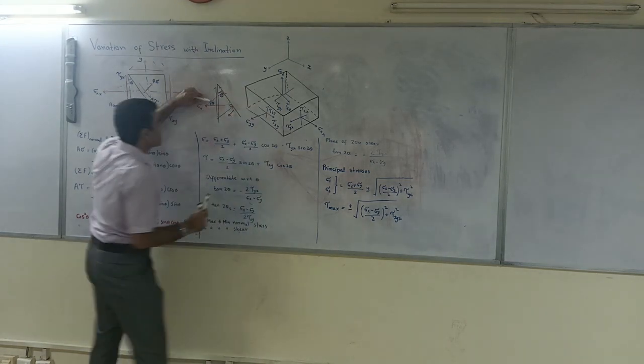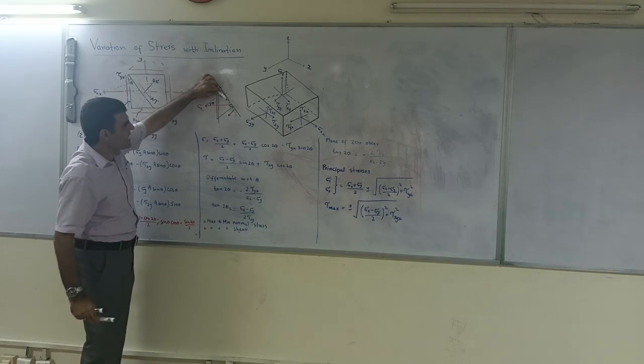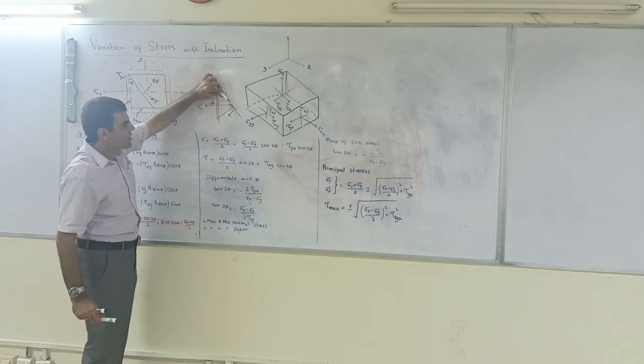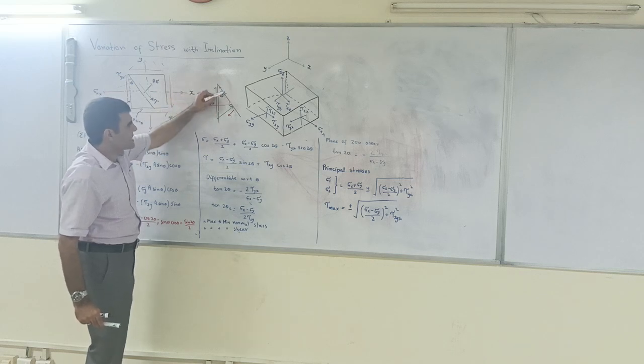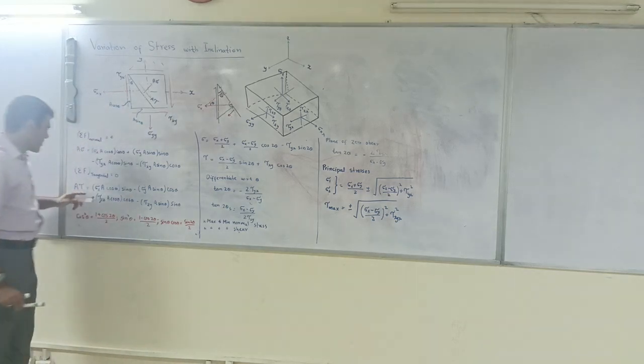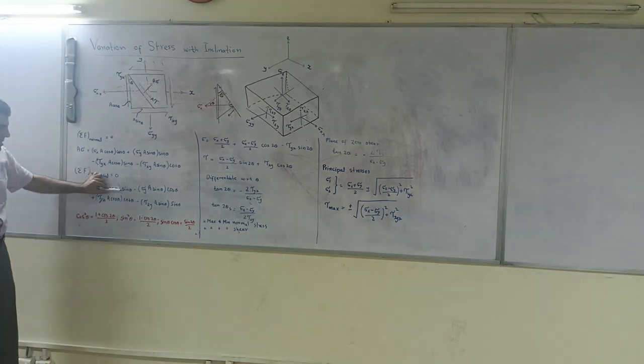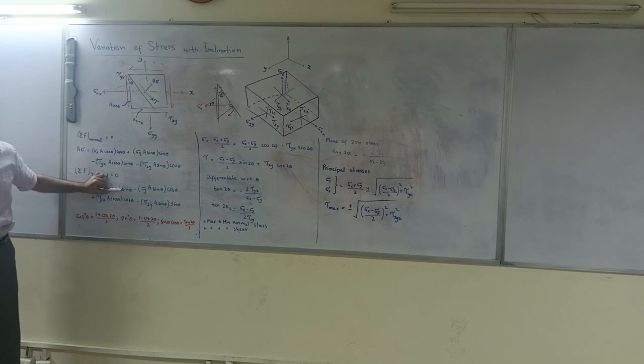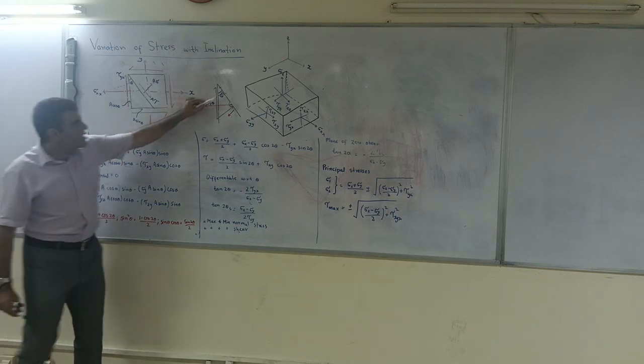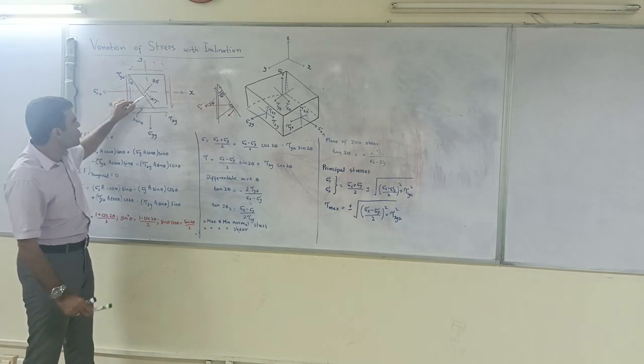This is your sine theta. So the sine theta is in what direction? This is your sine theta. Okay, so that is positive again. Why is this positive? As I told you, this sine theta is opposite to this one.